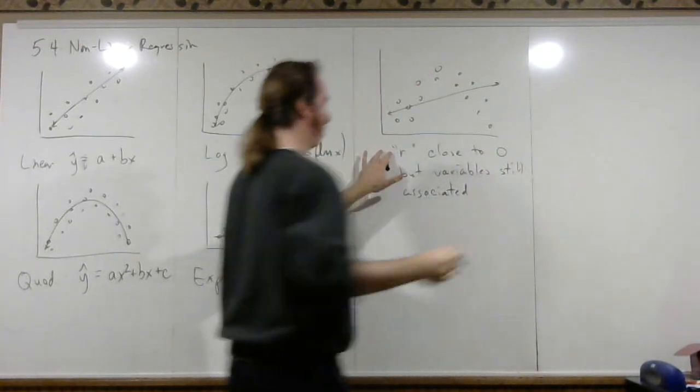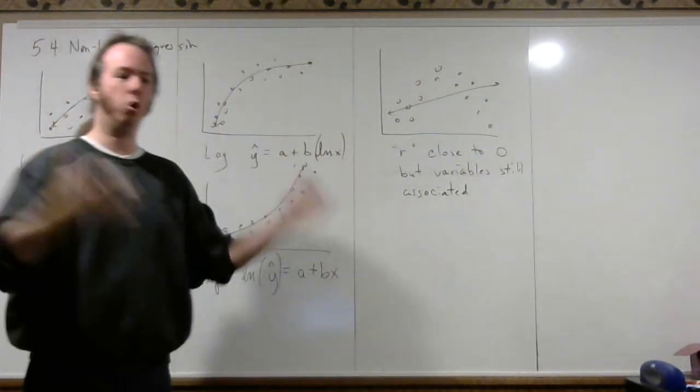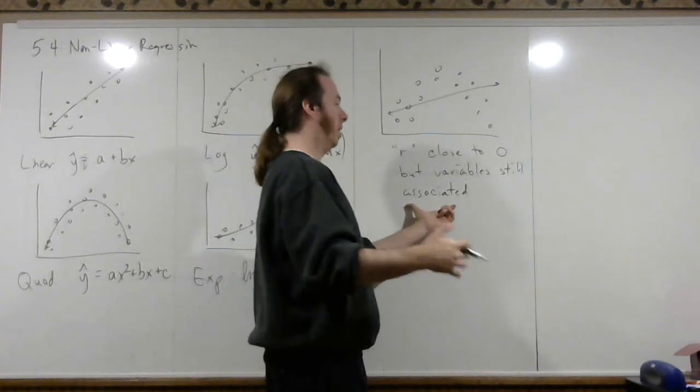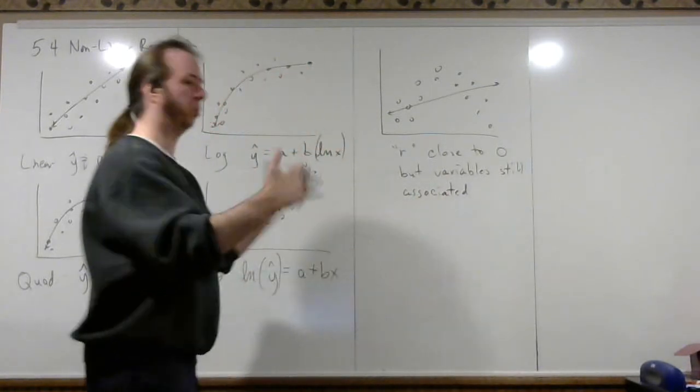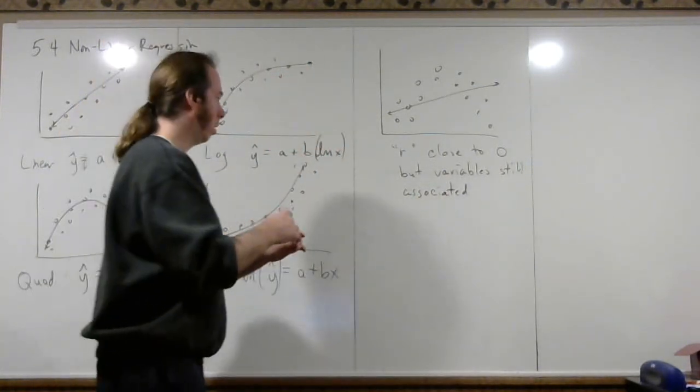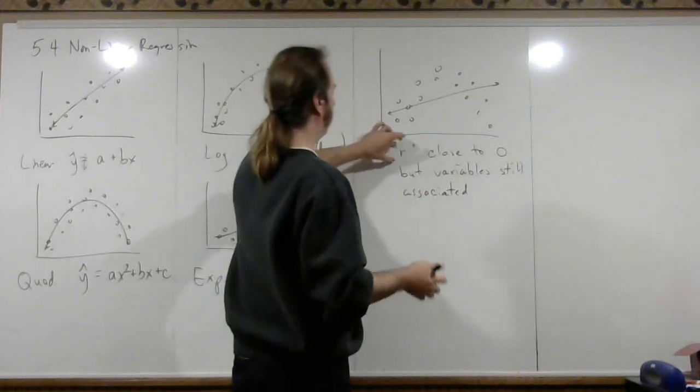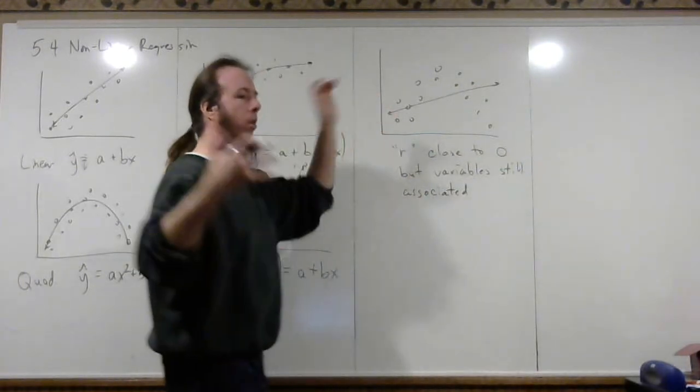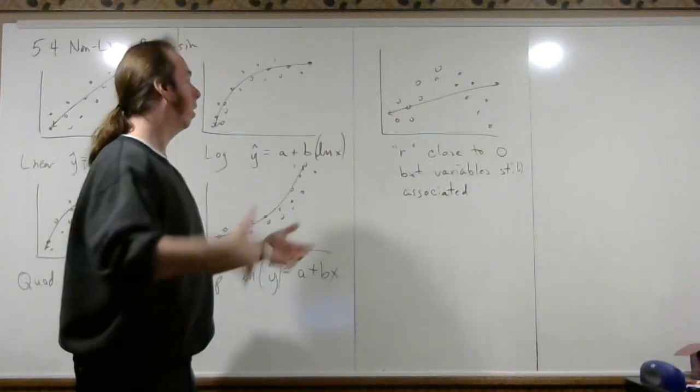Even though my R value is close to 0, though, it doesn't mean that there's just no association there. It just means that the association isn't linear. So when you see that R value in a paper, be a little bit careful about that.